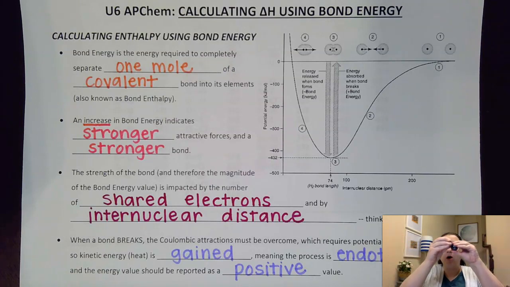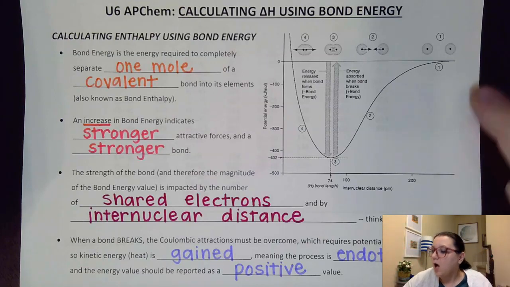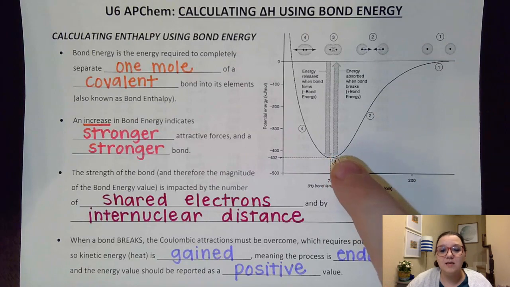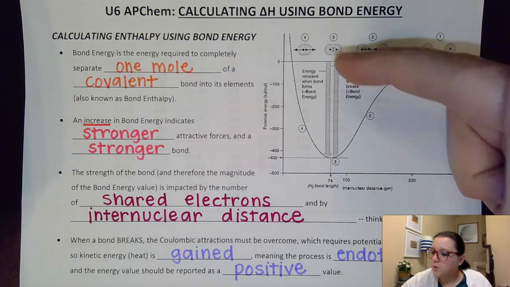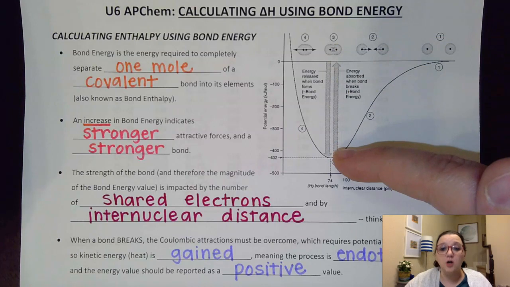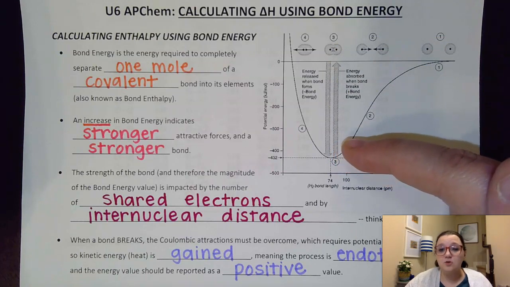So as that bond eventually forms and those atoms come together, all of that energy would be released or freed when the bond forms. And we reach a point where we have an ideal circumstance where attractive and repulsive forces are perfectly balanced, and whatever dip in energy occurs at that point is considered the bond energy.